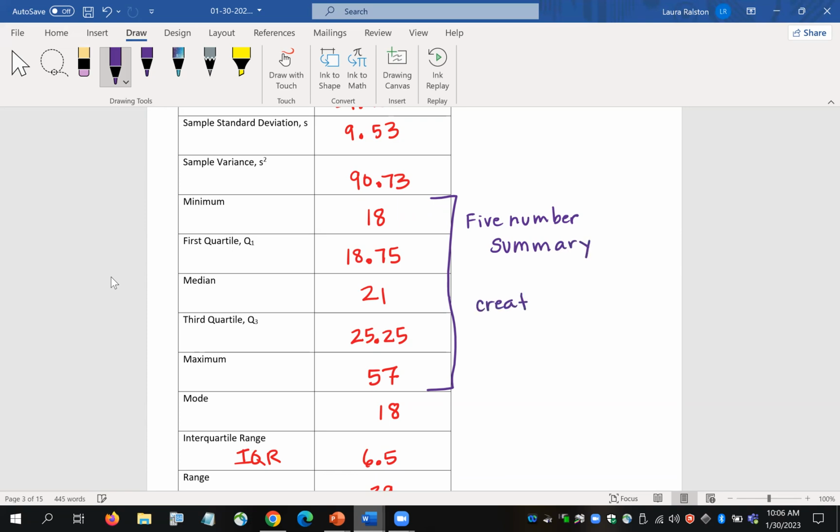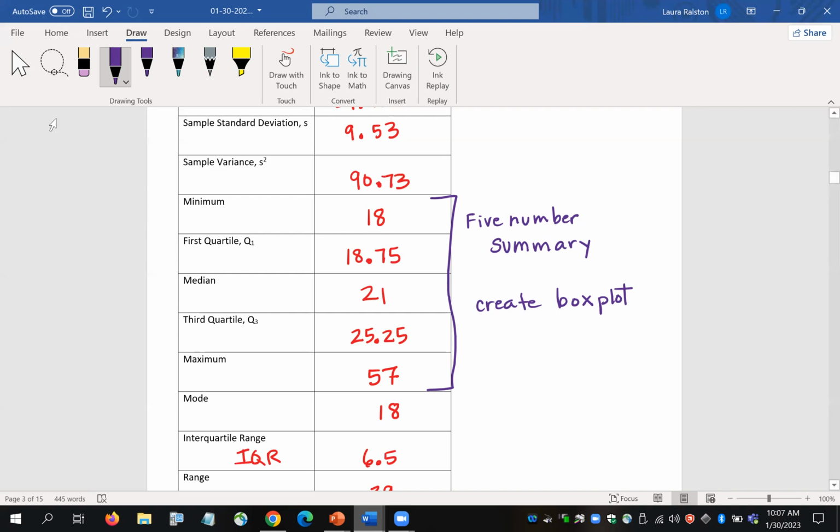a box plot. Now, Minitab will give us a box plot. It will draw it for us. But again, I think it helps you to maybe get a better understanding if you can draw it by hand. So I'm going to show you, first of all, how to do it by hand, and then I'll show you how to do it in Minitab.